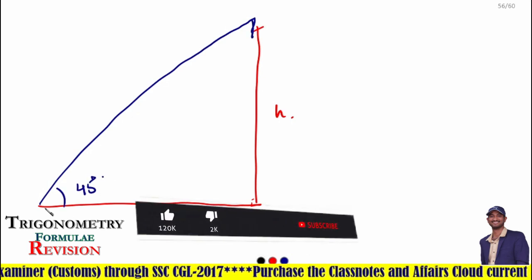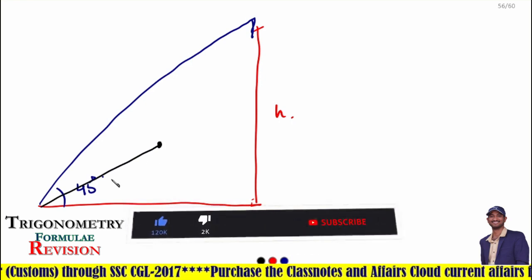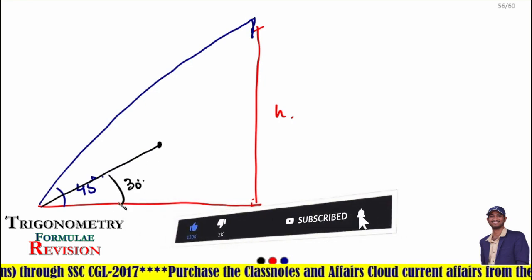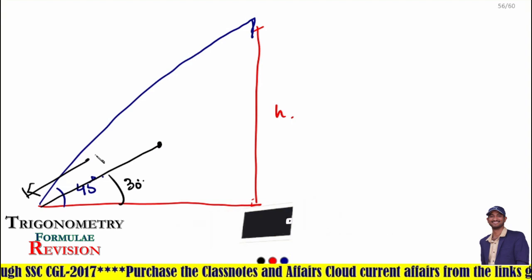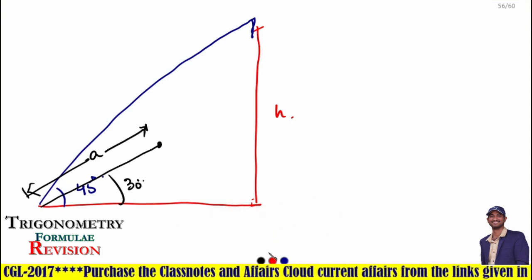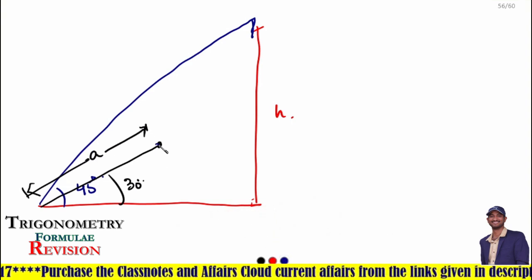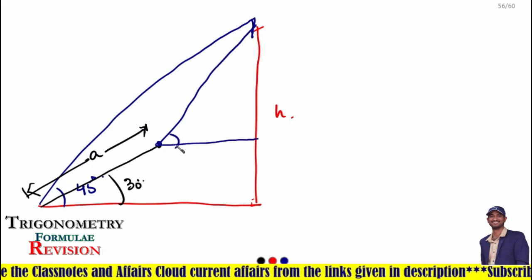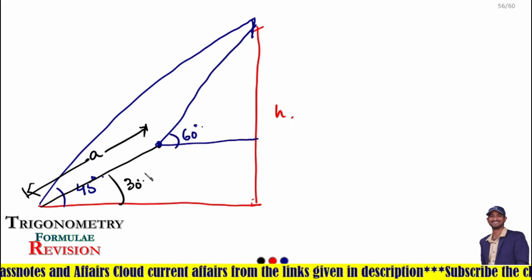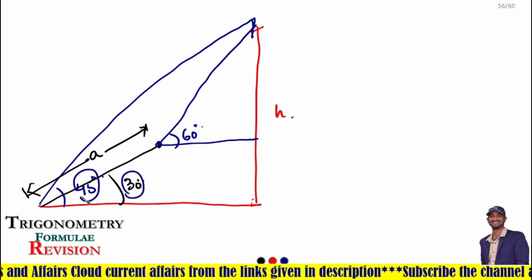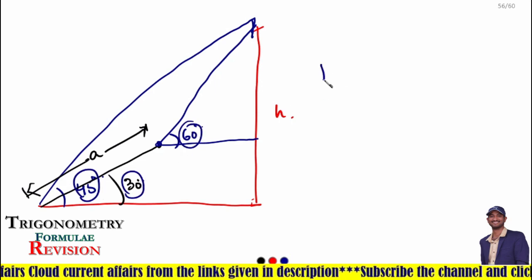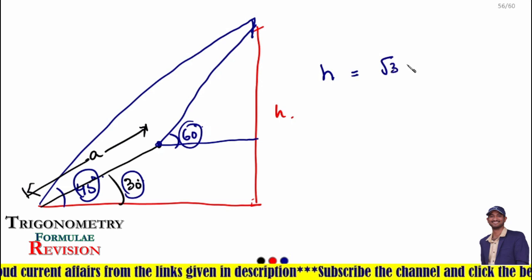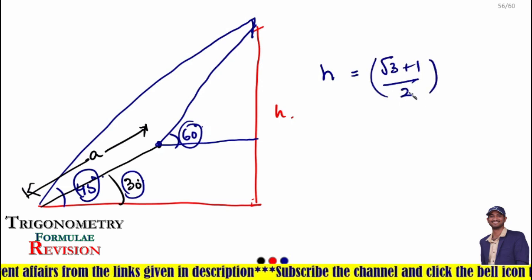And if a person moves slantly on the mountain with an elevation 30 degrees, and the distance he traveled is some a units, and from this point, the elevation changes to 60 degrees. This is 30 and it is 45 and it is 60. Then height of the mountain is equal to root 3 plus 1 by 2 into a.